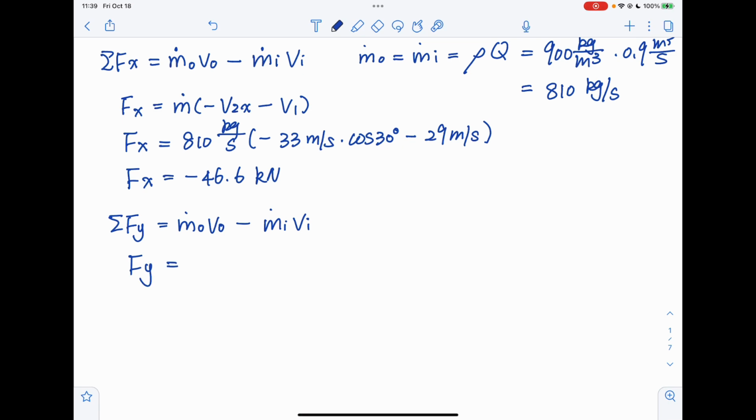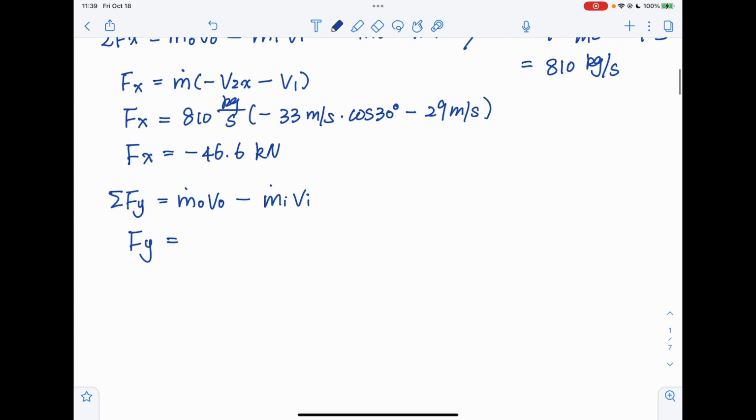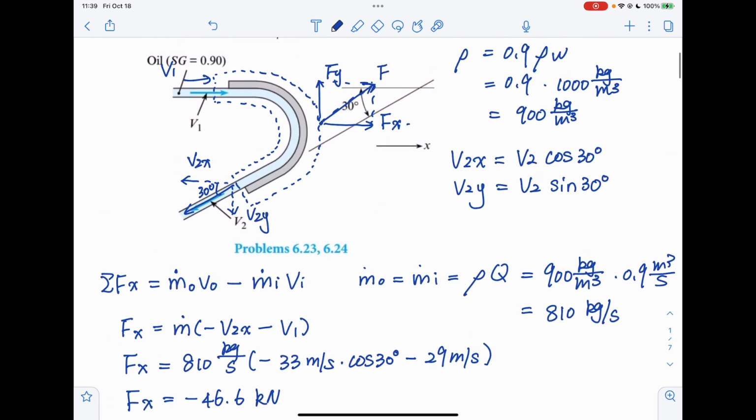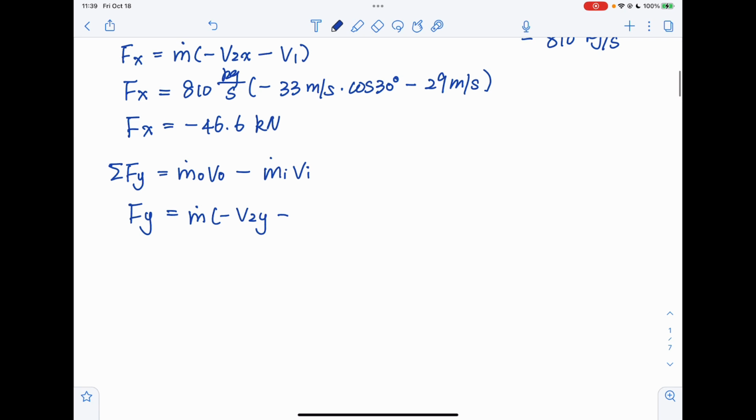Fy equals m dot times negative V2y minus 0, because V1 doesn't have any projected velocity in the y direction, so it's 0 here.